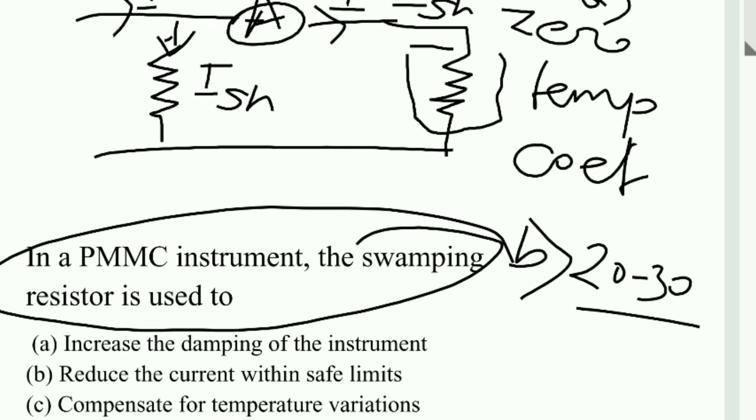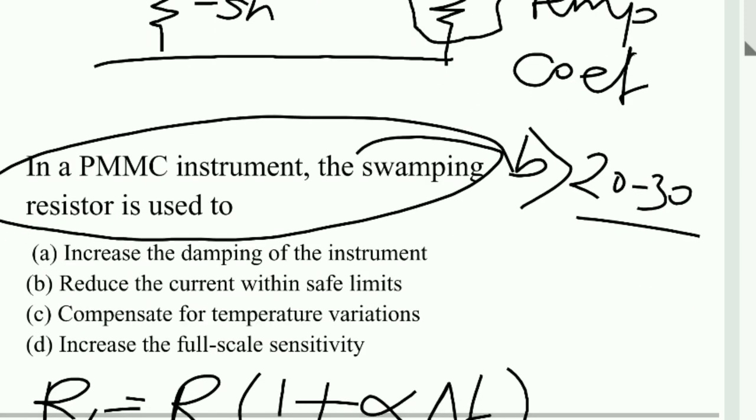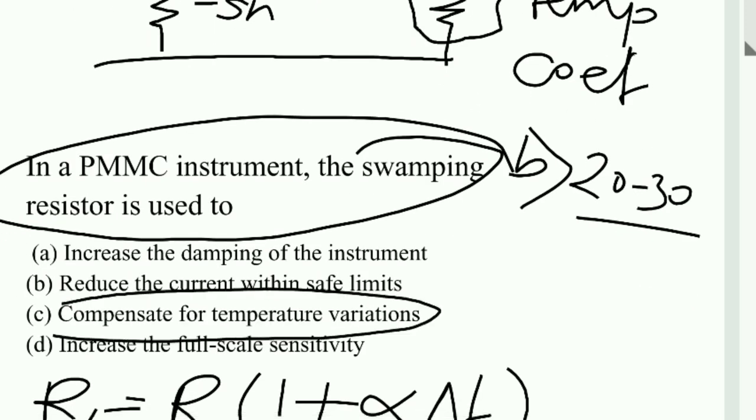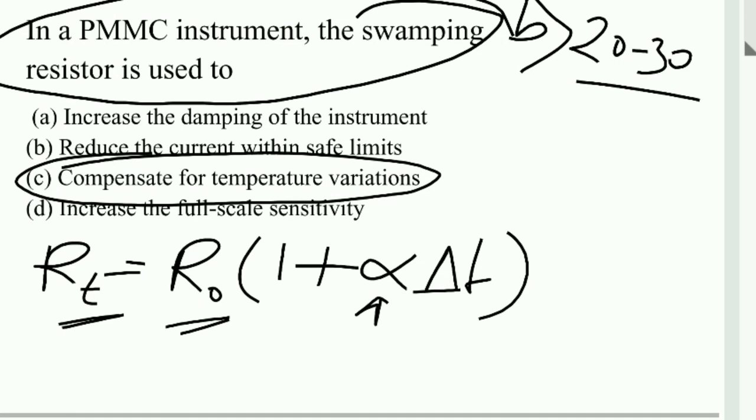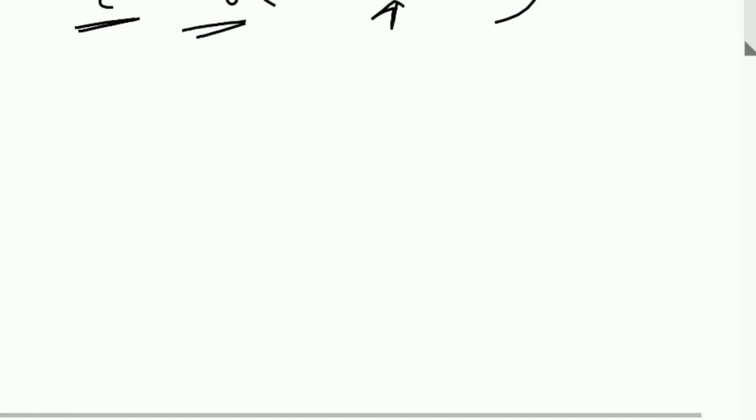So we can eradicate the problem of temperature variation and the resulting error. So option C, compensate for temperature variation, will be true, right? Let's go to the next question.